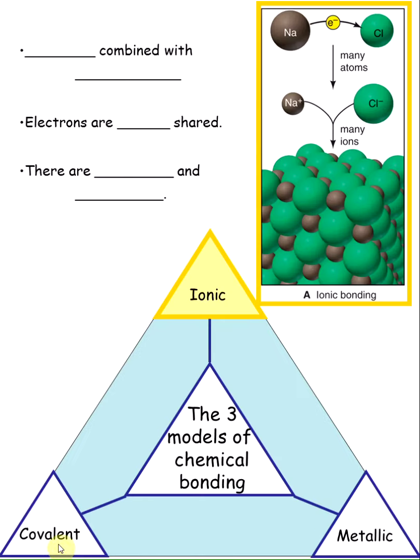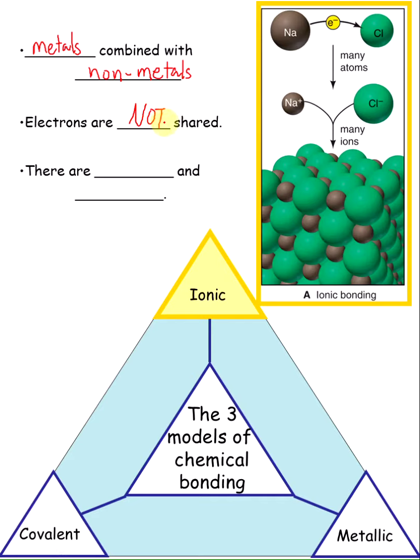ionic bonding. So typically metals are combined with nonmetals. So anytime you look at a formula and you see a metal and a nonmetal, there's going to be some ionic bonding in the situation. And in that case, the electrons are not shared.